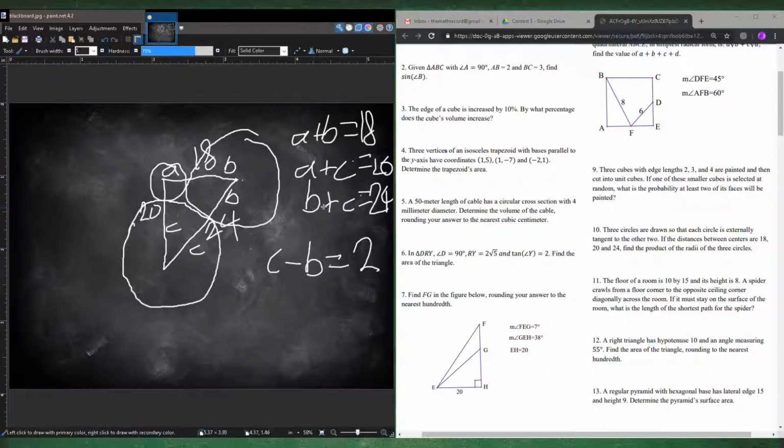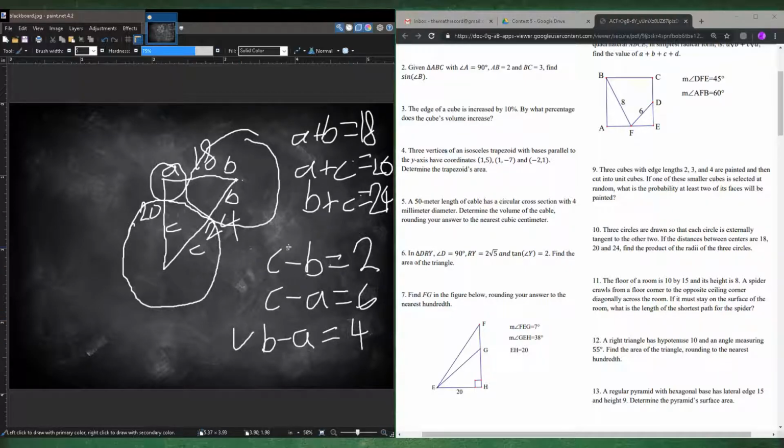And you have the third one minus the first one, which is B minus B is 0, so C minus A. And 24 minus 18 is 6. And then you have this one minus the previous one. So C minus A minus C minus B is basically the C's cancel out, and the negative A minus a negative B is a positive B. So B minus A is equal to 6 minus 2, which is 4.